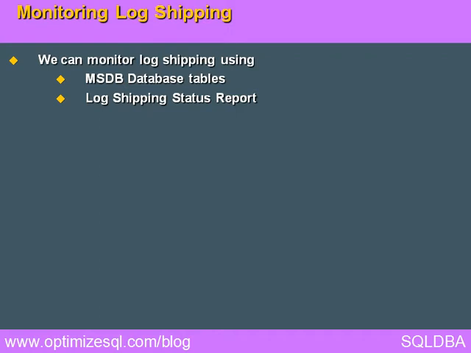Monitoring log shipping means we have to monitor on which databases log shipping is configured, and whether log shipping is working or not, nothing but whether the backup, copy and restore jobs are working or not. In the same way, we can use the job history. If you right click on a job and view history, it will show any errors or job failures.